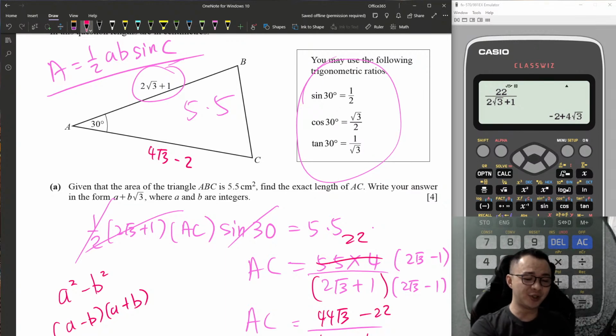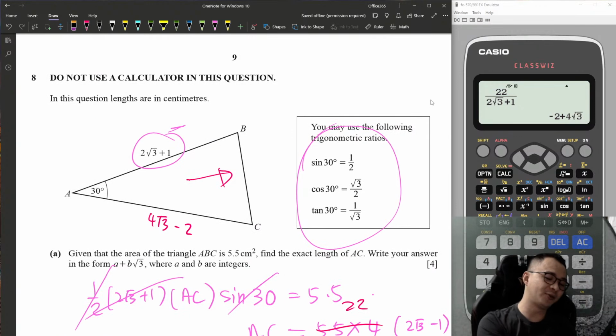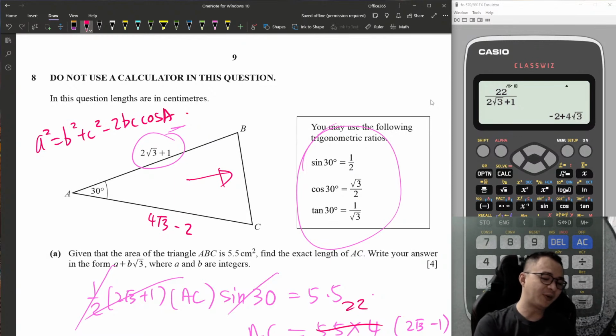So the cosine rule is basically a square equals b square plus c square minus 2bc cos A, right? It's way too long. I'm going to write it at the bottom to find the BC. Maybe I erase the sine rule to write the cosine rule. Okay, we're going to use this to find the BC.